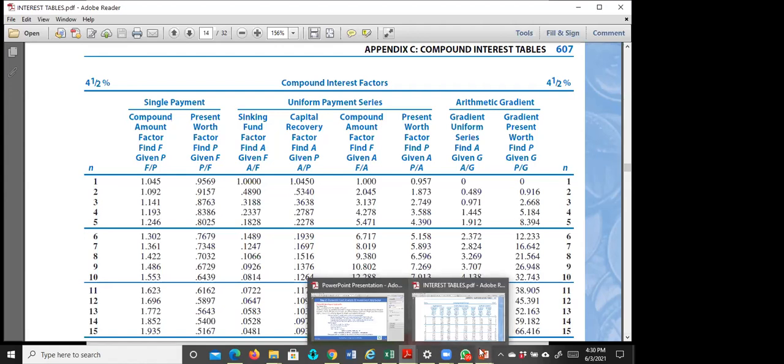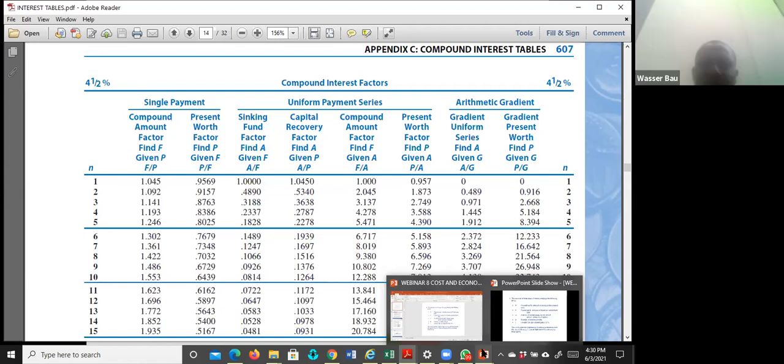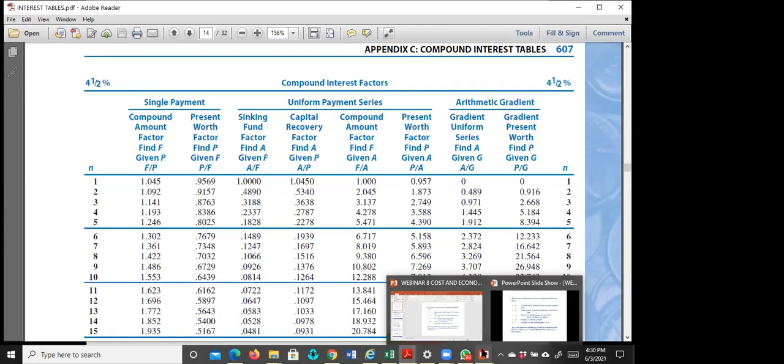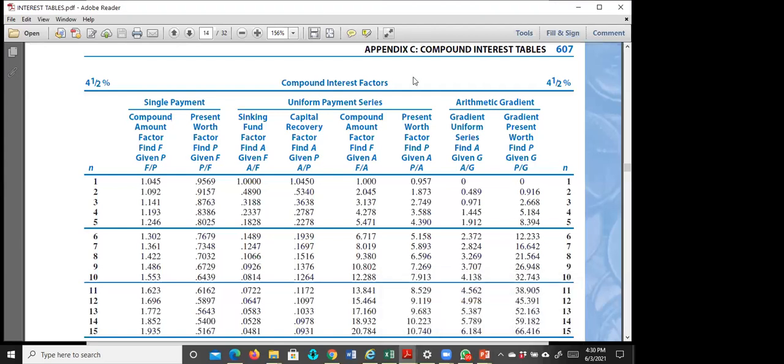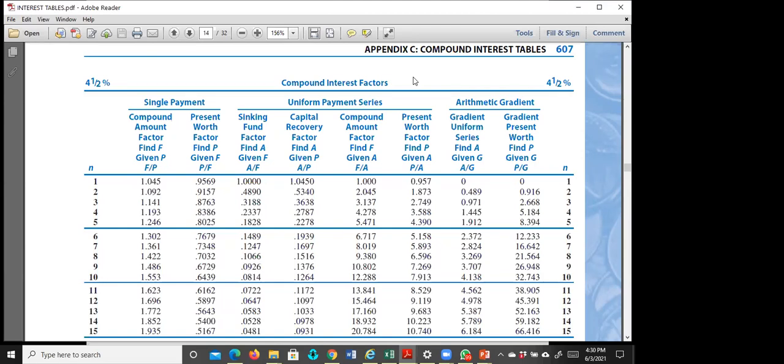Why is this table called compound interest factors? Because the interest is compounding, on an annual basis, or quarterly or monthly basis, based on the payment period. Most conventional is annually.